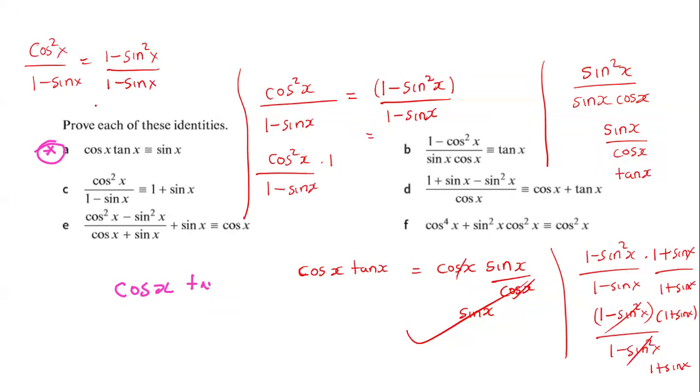Then for the numerator, I used difference of two squares, where I had 1 minus sine of x in brackets, and again 1 plus sine of x in brackets, over 1 minus sine of x. Then the 1 minus sine x cancelled, and I remained with 1 plus sine of x. Okay. Perfect. Thank you.